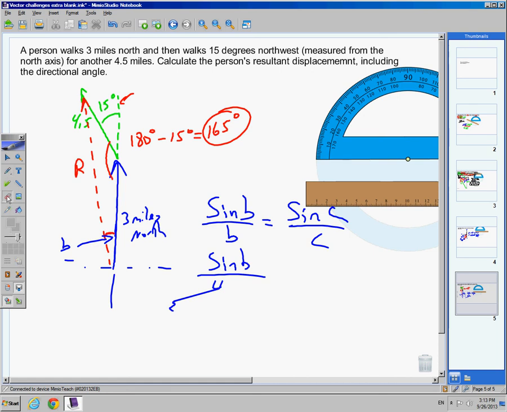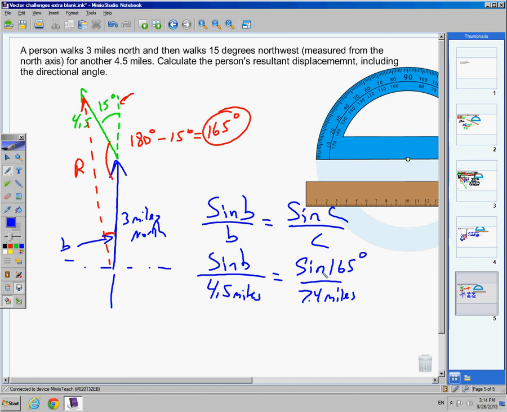Okay, what happened there? Equals sine C, which we solved for at 7.1. I'm sorry, wait. I think it was 7.4, to be honest with you. I might have written the wrong thing down there. And sine 165 degrees. It's not working out great. All right, here we go.